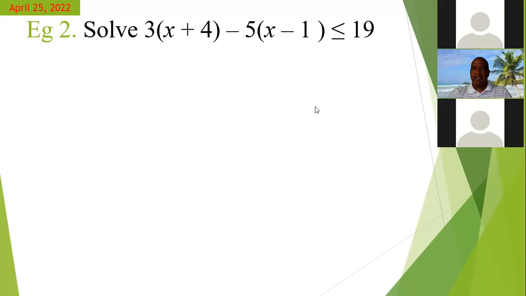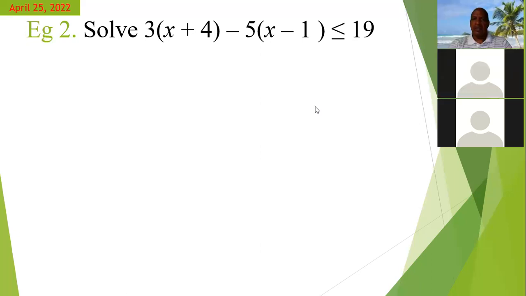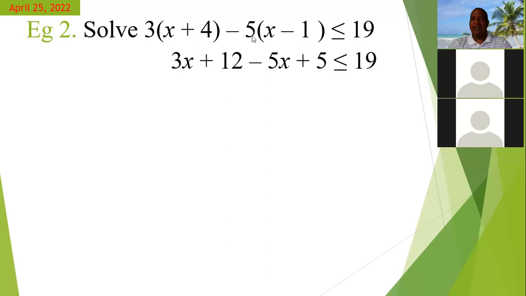All right, so let us just go through it quickly. In this case, you may want to remove the bracket, multiplying out what is in the bracket by what is outside. So you get 3x plus 12 minus 5x plus 5. You have to remember, if you are multiplying inside the bracket, negative times negative gives you a positive.